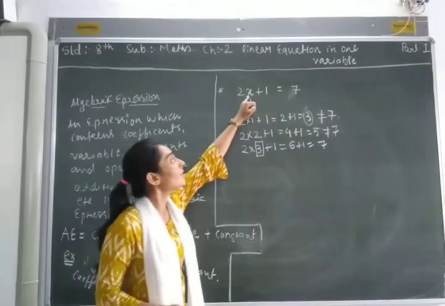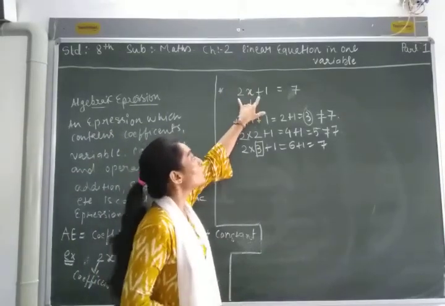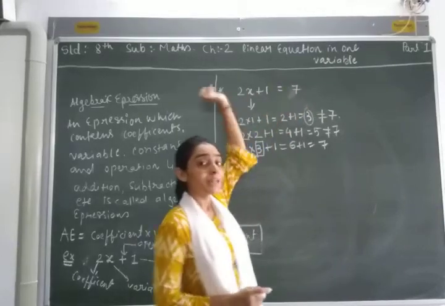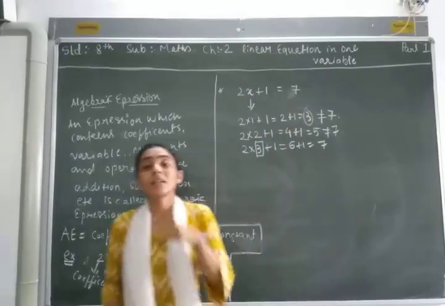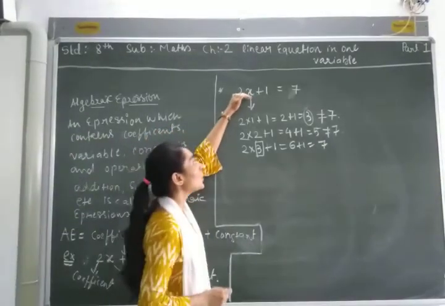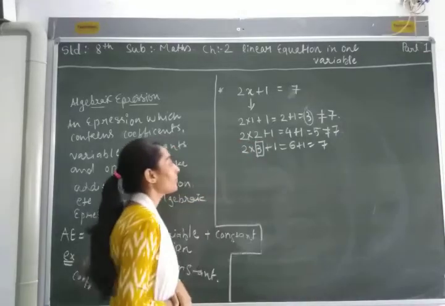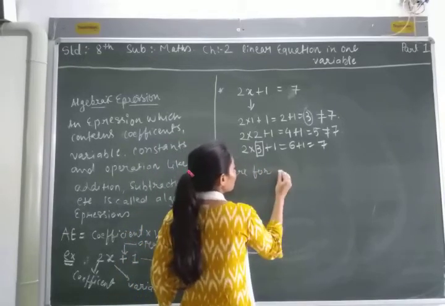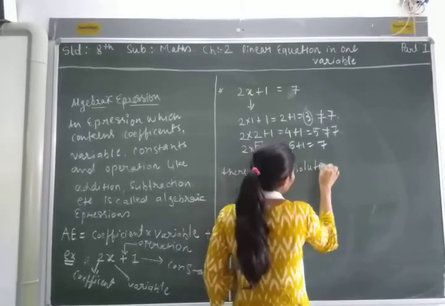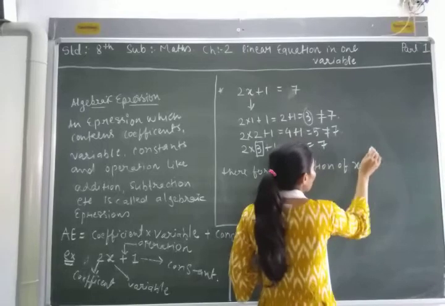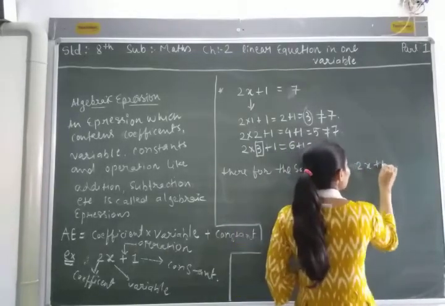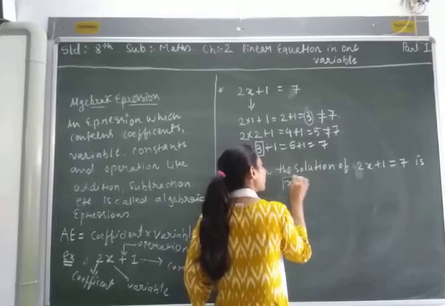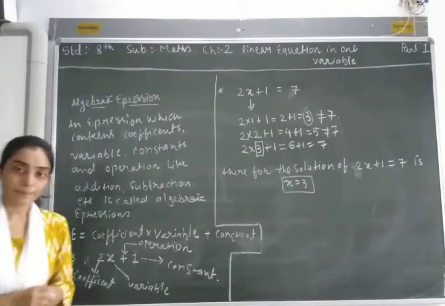Whatever the value you put in, the solution of 2x plus 1 equals 7 is x equals 3.